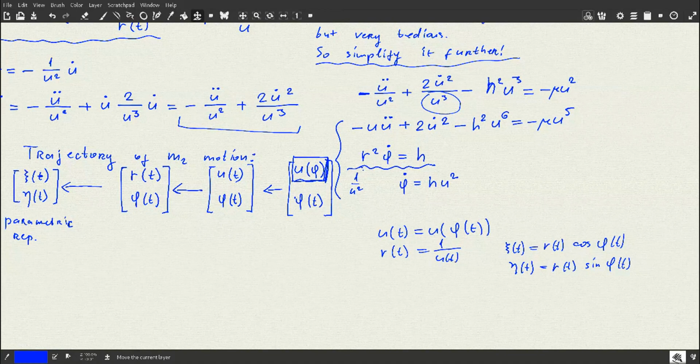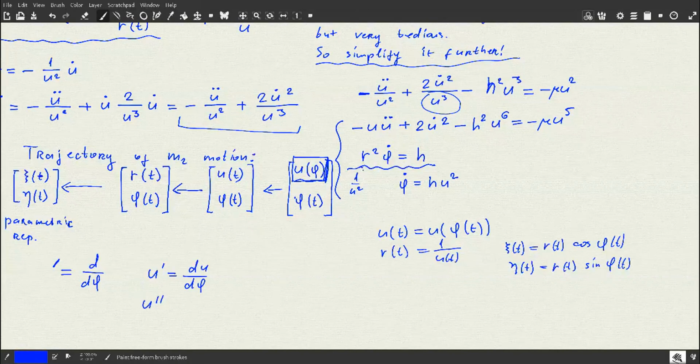Now suppose that we are trying to find the function u of phi. By prime, we will denote the derivatives with respect to phi, not t. So for example, u prime is du d phi.